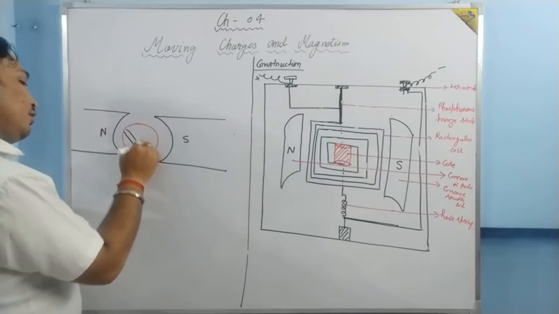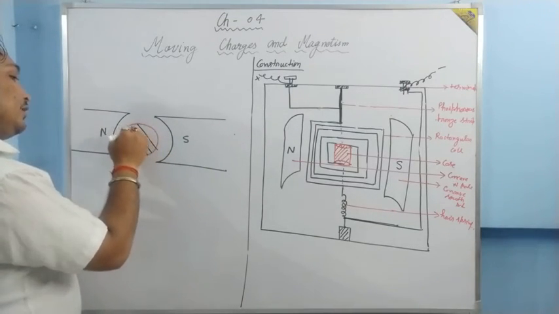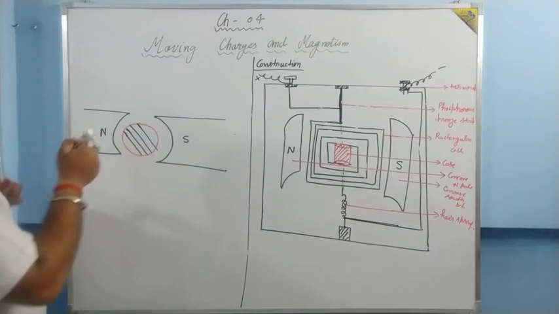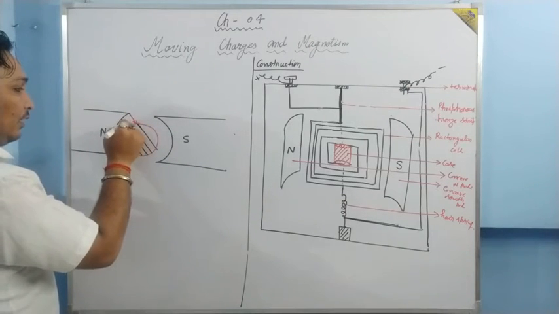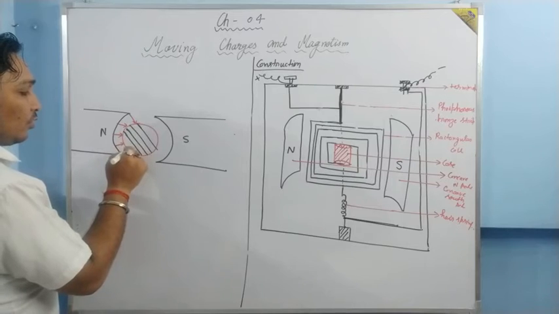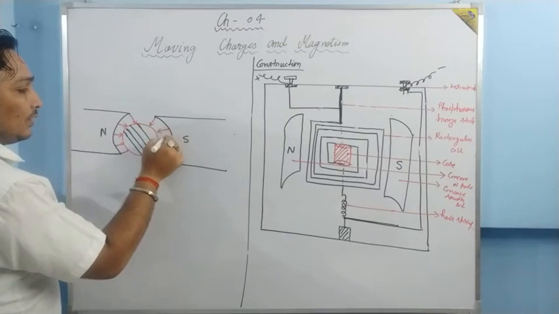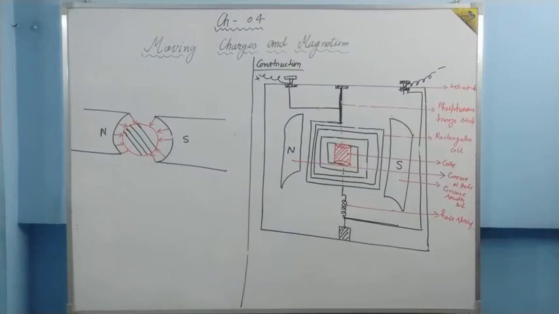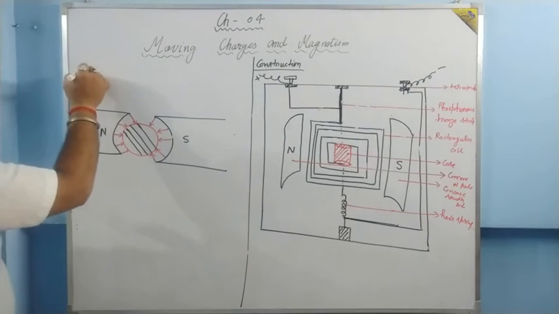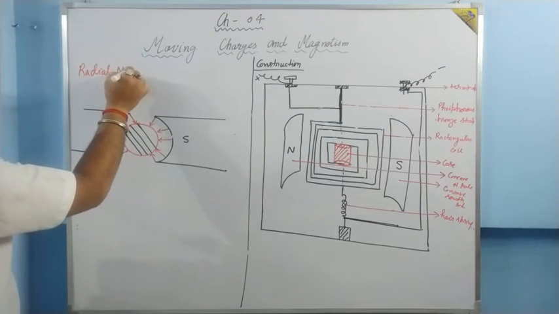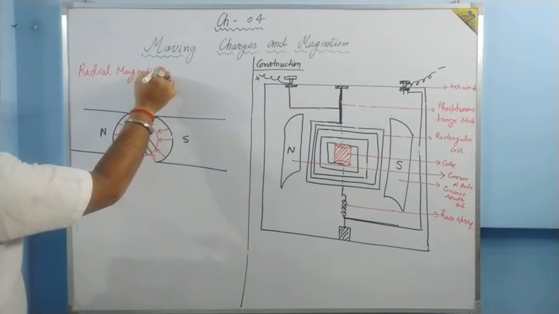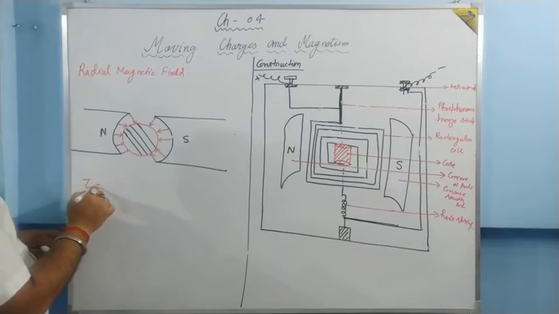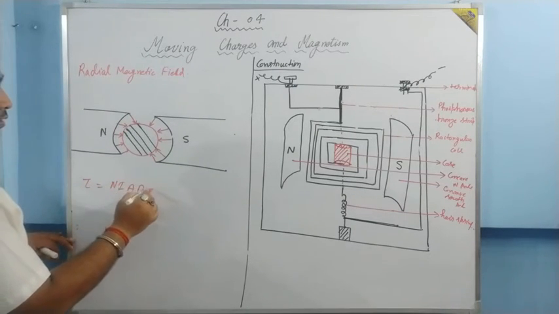Why are concave magnets used? Because for concave magnets, the magnetic field on the surface of the core falls perpendicular to the surface. This kind of magnetic field is called a radial magnetic field. And why does a radial magnetic field have to be applied? As I told you in the beginning also, the torque is given by NIAB sin theta.